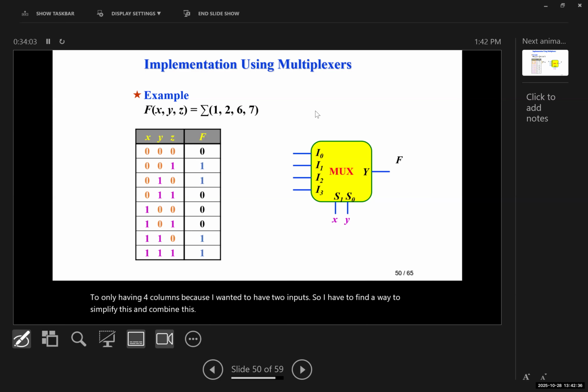So let's combine the first 2 rows. In the first 2 rows, what is the relation between f, x, y, and z? Yes. So what happened to x and y between the first row and the second row?